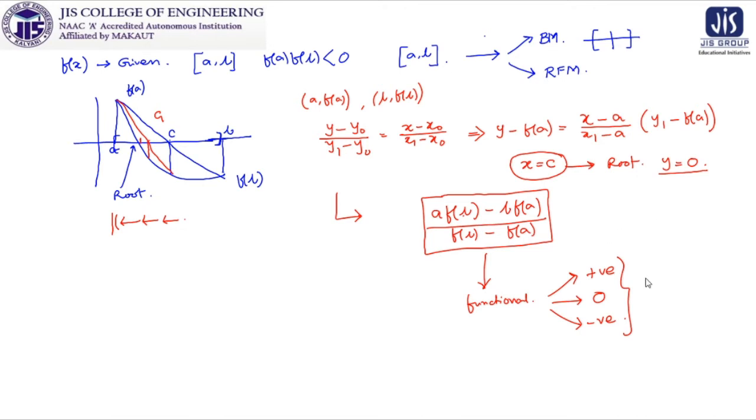If we have a and b initially and then generate c, either a to c or c to b will give a product whose functional value is negative. Any one of them obviously will be negative, and if it is 0 our job is done, but if it is negative we have to go for this process.